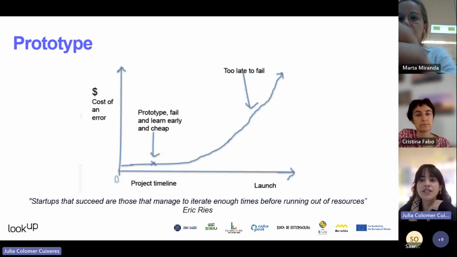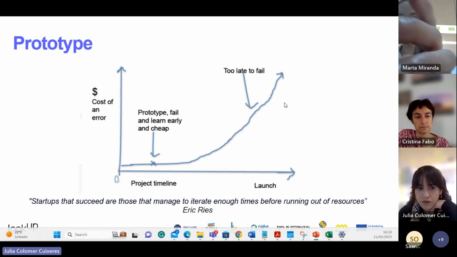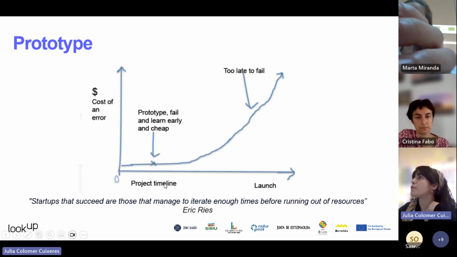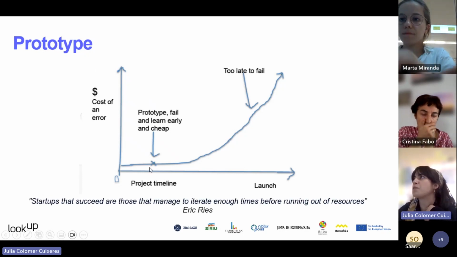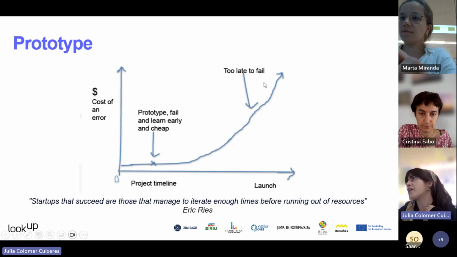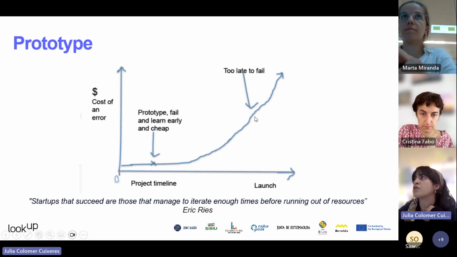Okay, as you can see in this graph, you have the project timeline and the cost of an error. It's everything that I explained before: if you launch before spending a bit of money and gathering all the information, with modification again and again, maybe it's too late, and you cannot just come back and try to improve the service or the product.